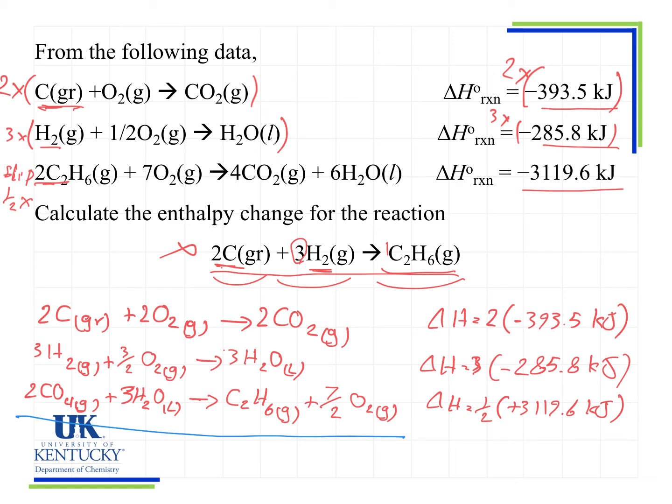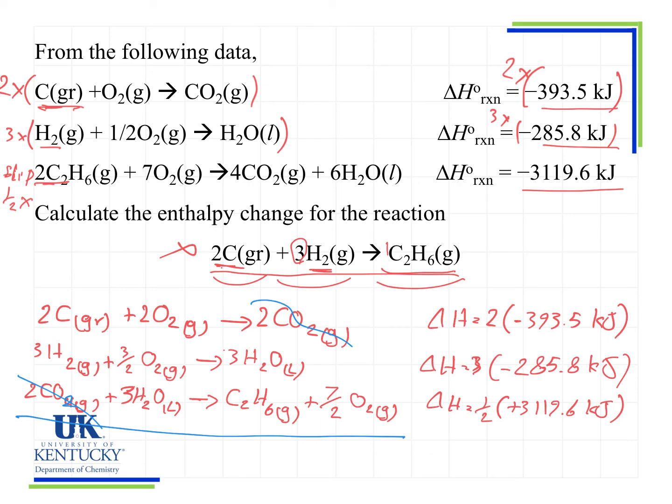So I have, let's see, I have 2 CO2 here, and I have 2 CO2, and why is it 4? It should be 2. Typo. So 2 CO2, so I can cancel out these 2.